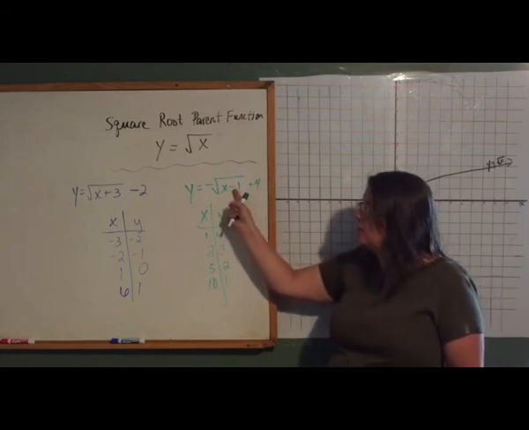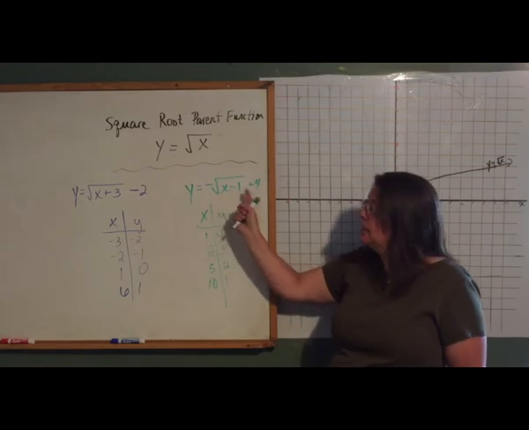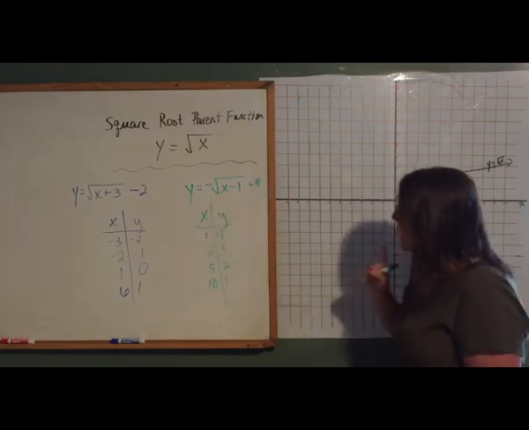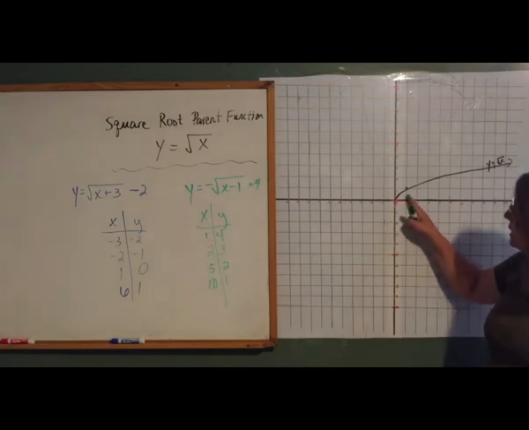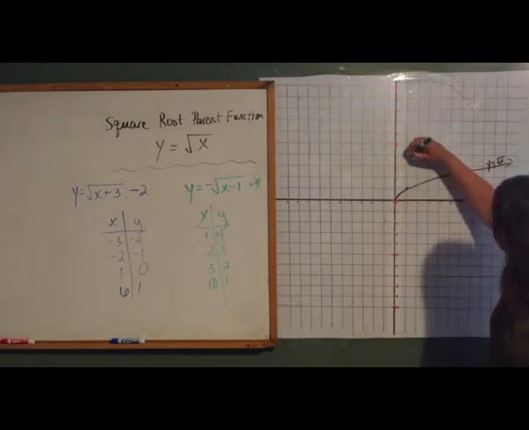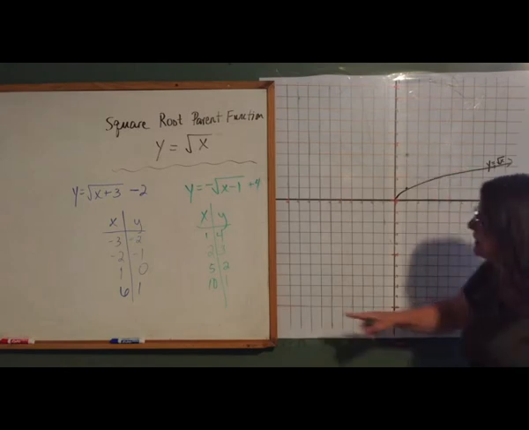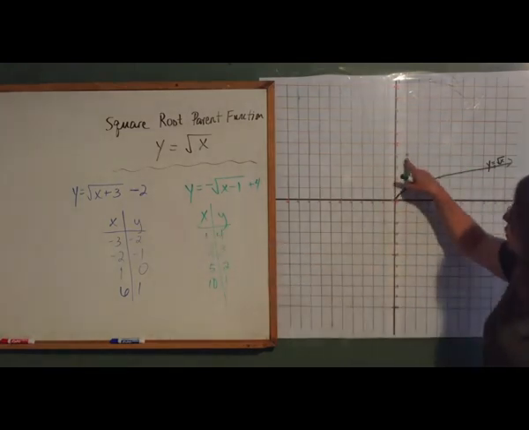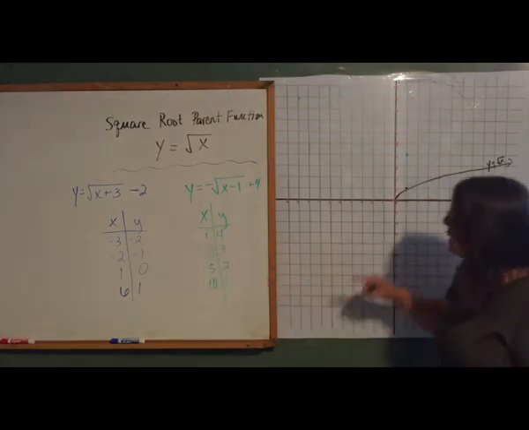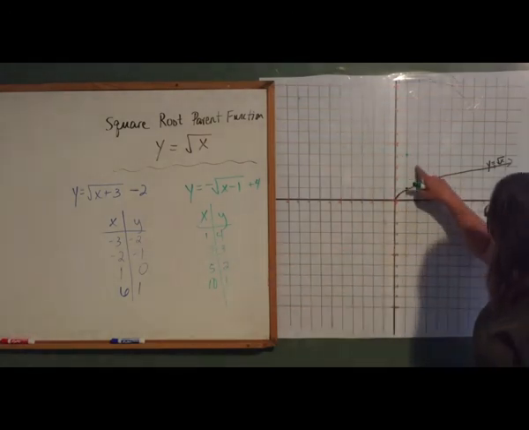So I'm thinking that's going to be moving right 1, up 4. Okay? So I'm going to predict that from my original starting point, I'm moving right 1, up 4. Is that in fact what we've got here? 1, 4, right 1, up 4. Yes, it is. 2, 3, right 2, up 3.